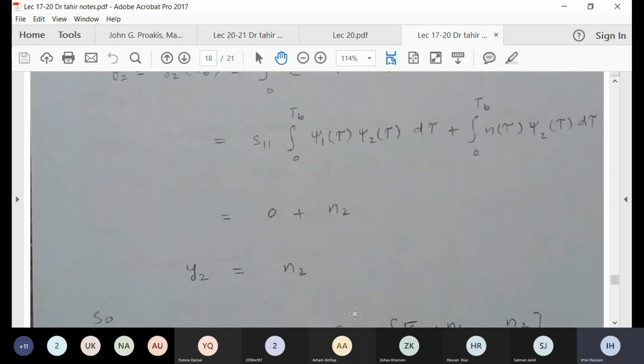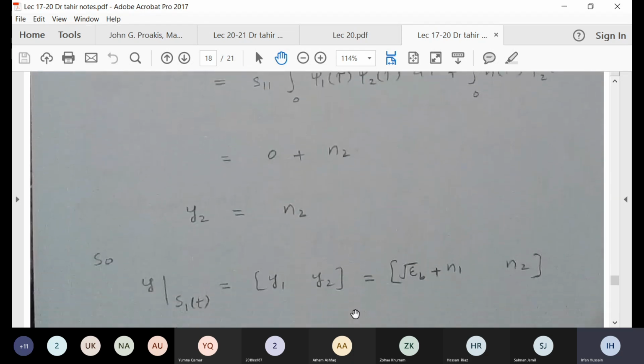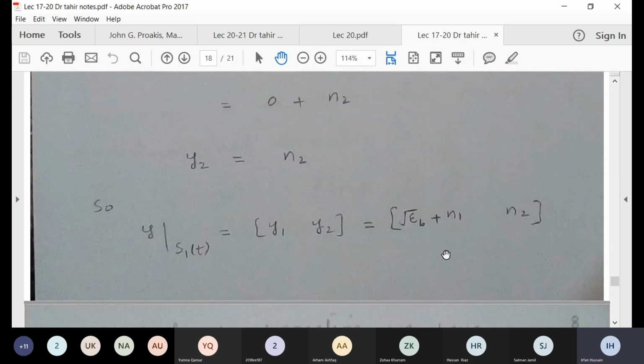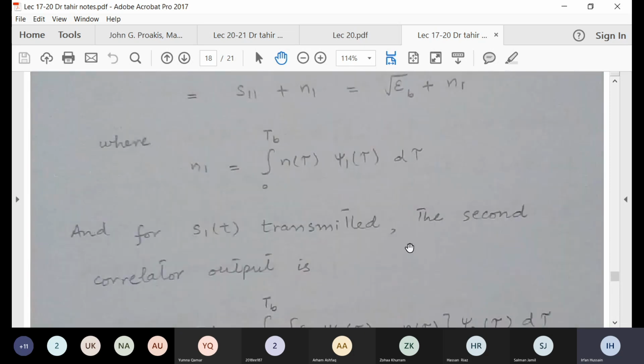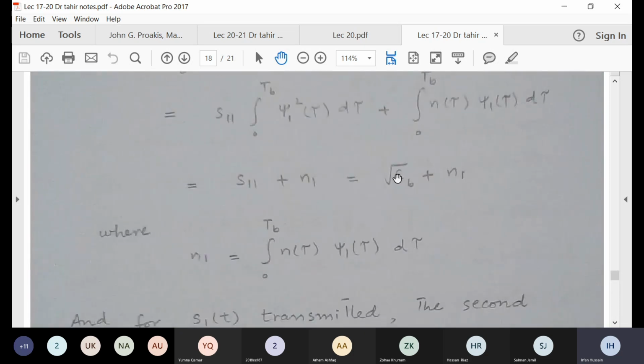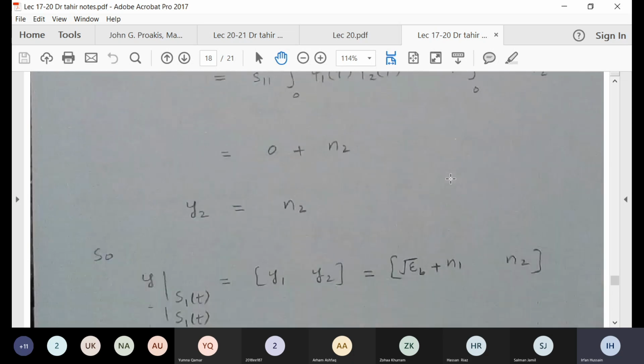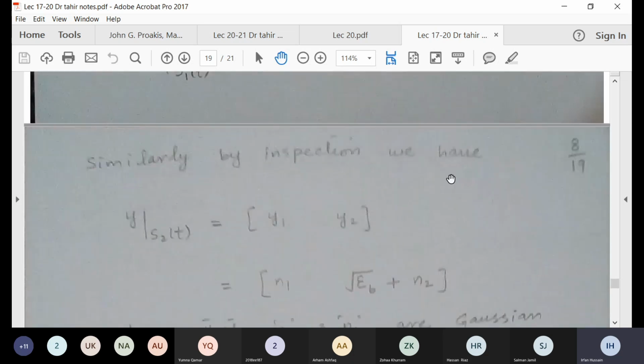So the output of the second correlator will be n2. The total output will now be a vector: under root EB plus n1 for y1, and n2 for y2.